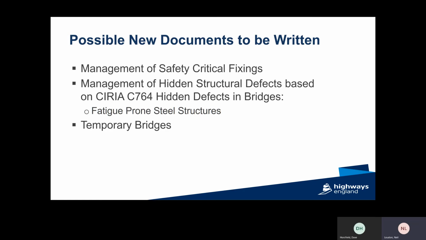We're going to be looking initially at fatigue-prone steel structures, but we expect to reflect on other types of hidden critical parts of structures in due course. Part of that is proposals to manage safety critical fixings, and again a document and implementation strategy are currently being developed.